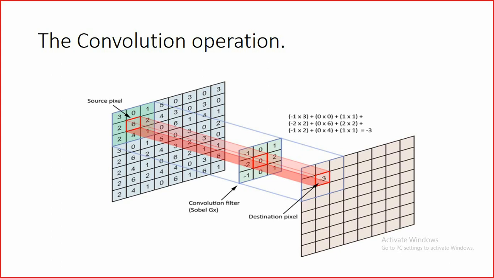So this is the convolution operation. We have a specific filter, and this filter will be applied in this part of the image, and finally we find one value, and this is the extracted feature. Then we perform the same operation on the next part, and we slide this filter over the image till we reach the end.